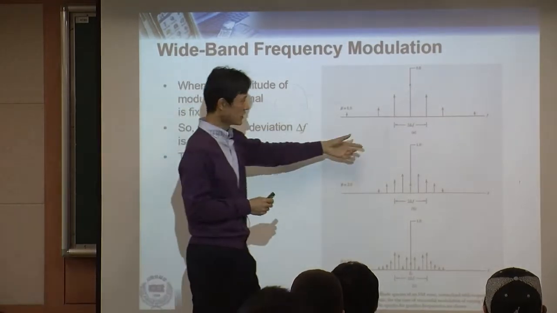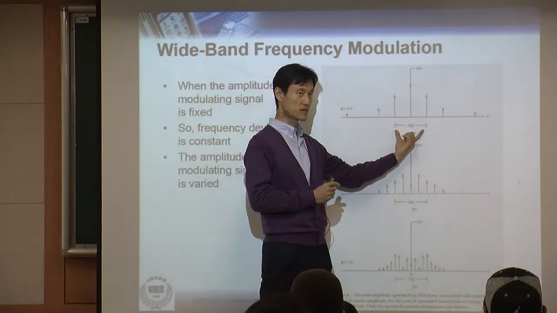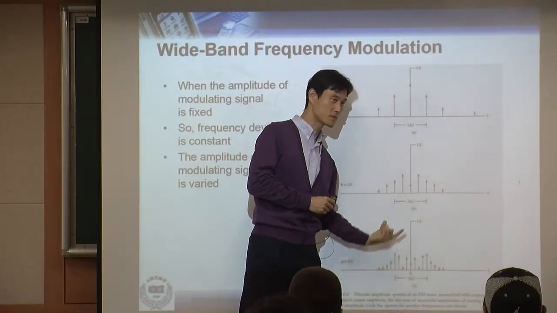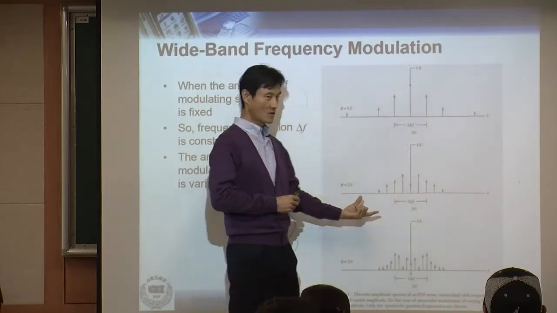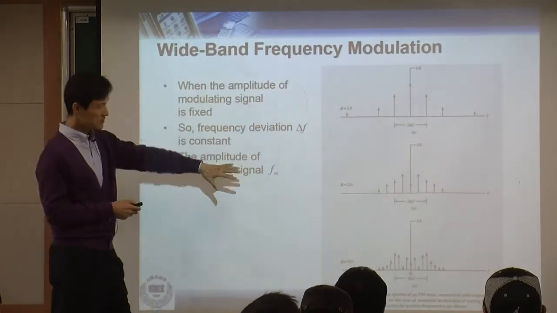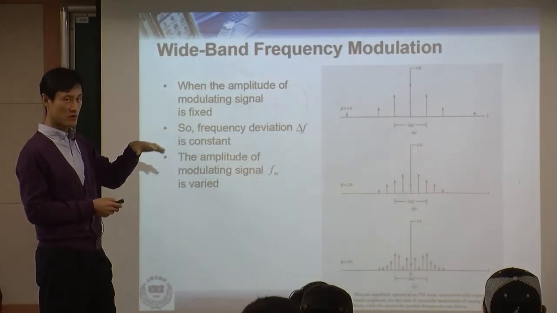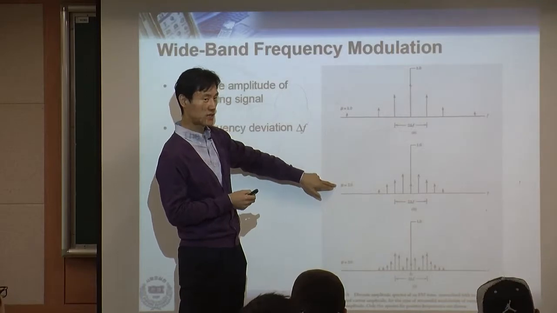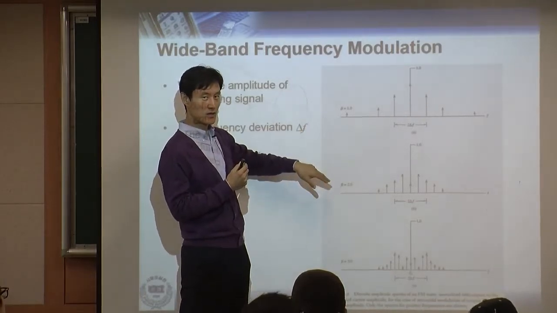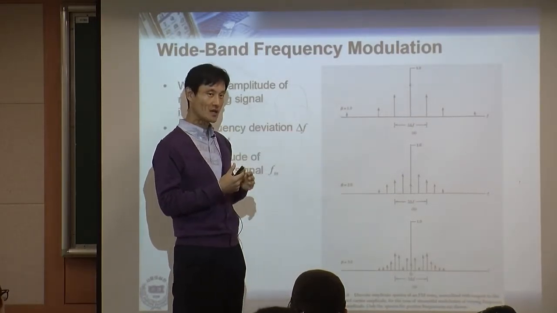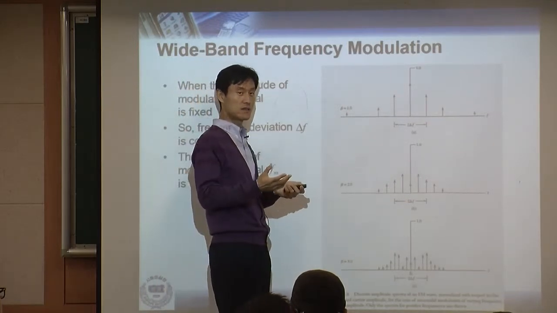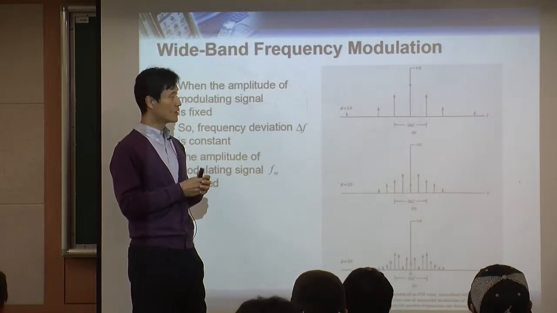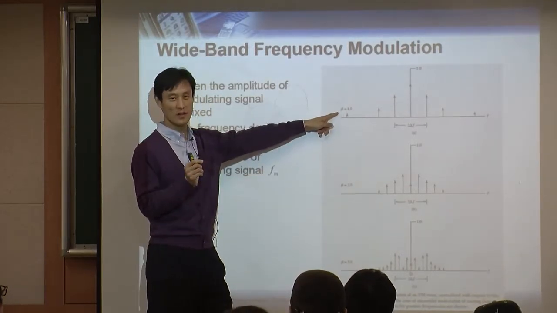So that's what you can see. In this case, the delta F is fixed, so you see the delta F is the same. All delta F is the same. From this figure and also the previous figure, what you can see is that when you have a large value of delta F, that's called wideband, right? What was the narrowband? In our previous narrowband, beta was small.